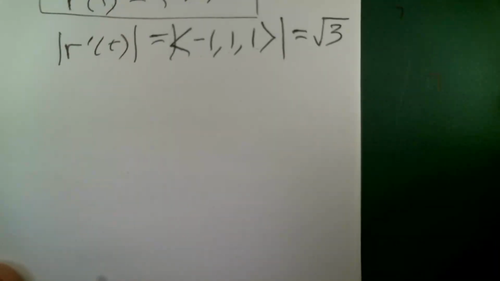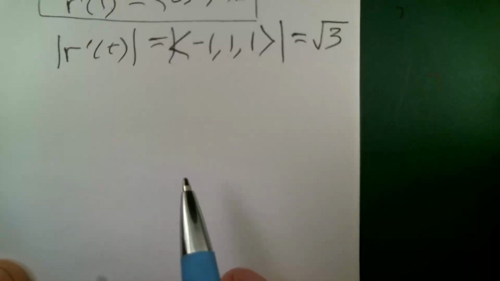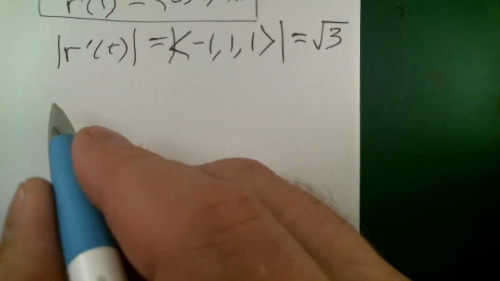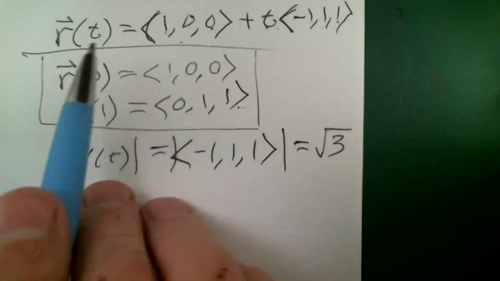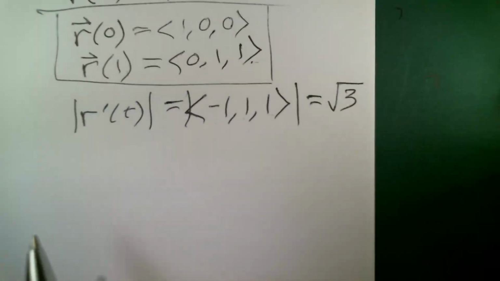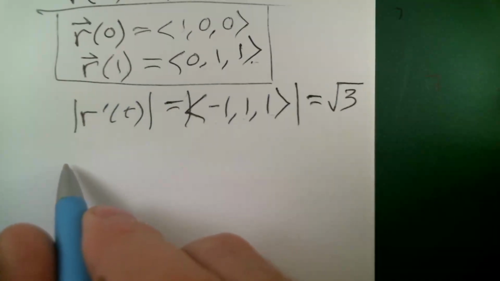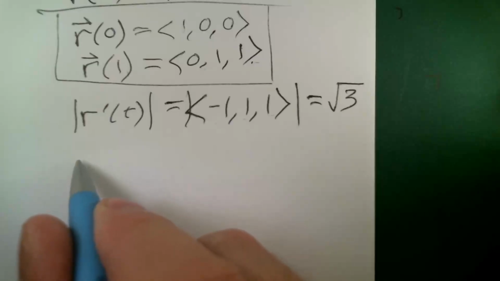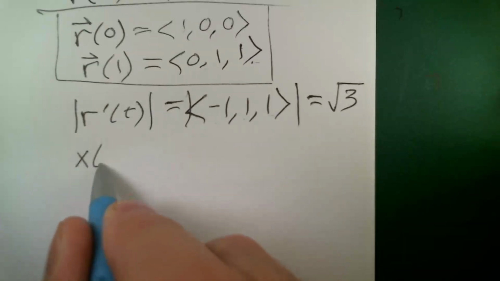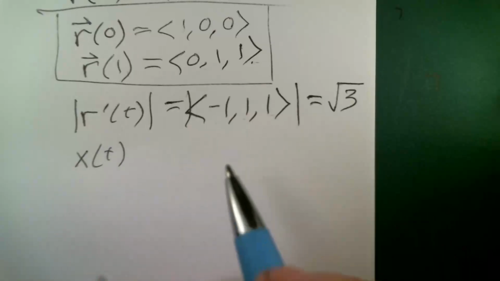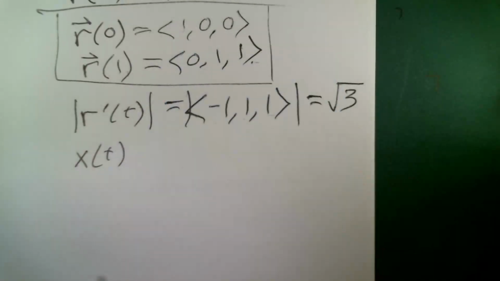It may help for us to spell things out a little more. I gave this r of t previously, right here, but r of t is really 3 separate parametric equations. We have x of t, which is the x-coordinate of our point, which is going to be 1 minus t.